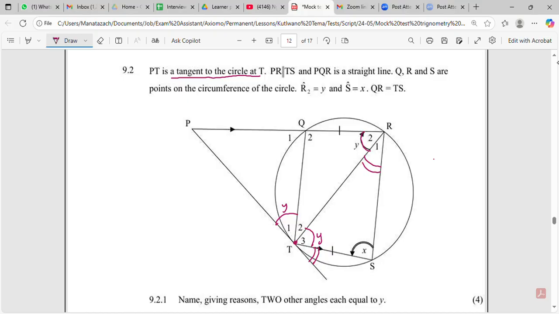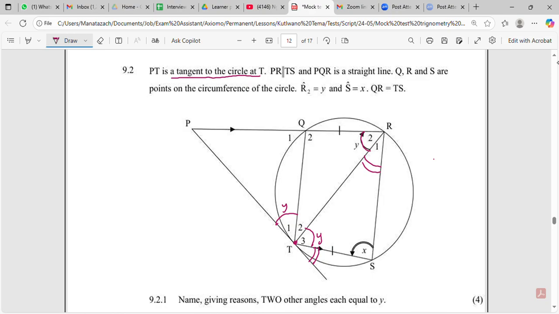And then when you continue, it says PQR is a straight line. Then Q, R and S are points on the circumference of the circle. R2 is y, angle S is x. QR and TS are equal. So QR is a chord, it's equal to another chord, TS.